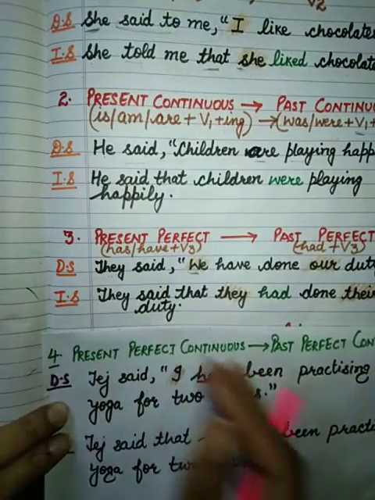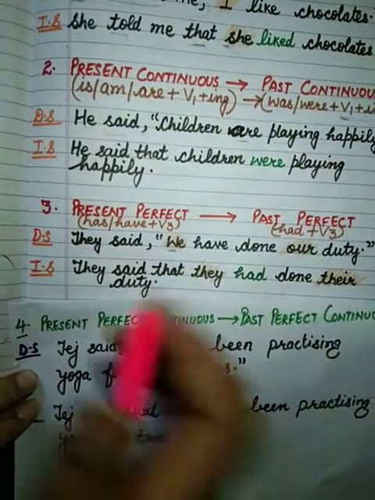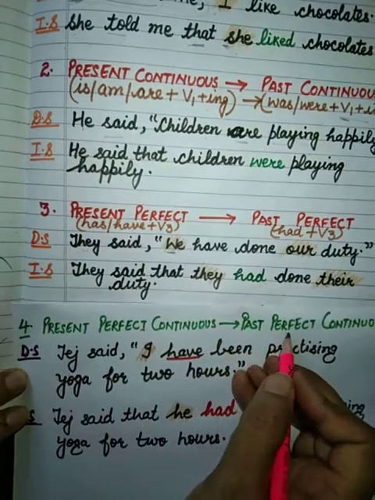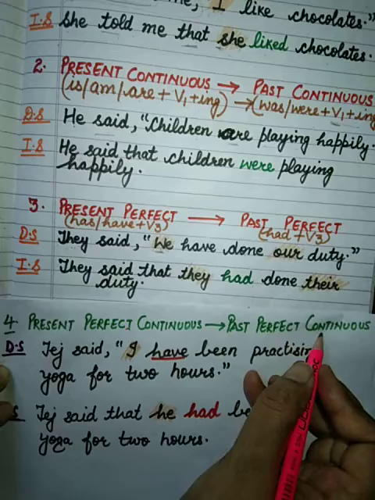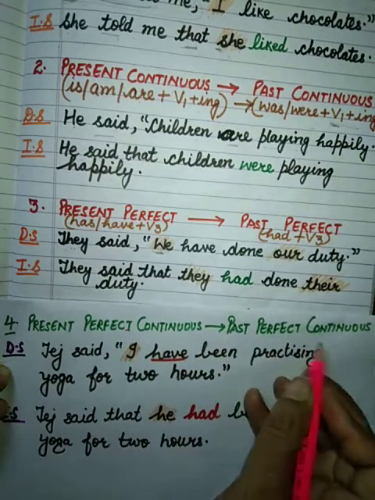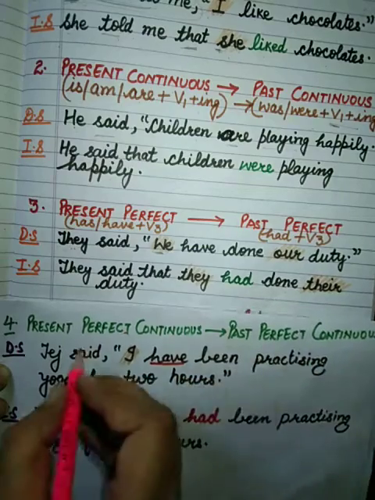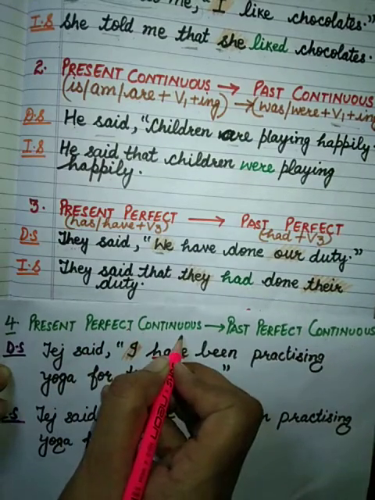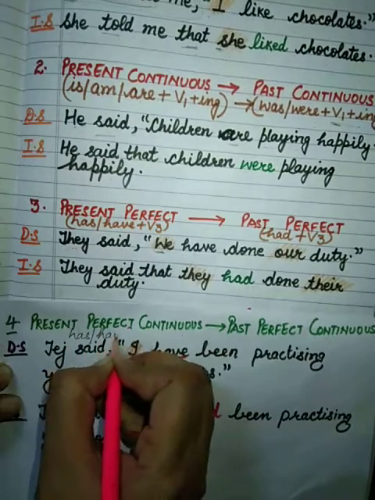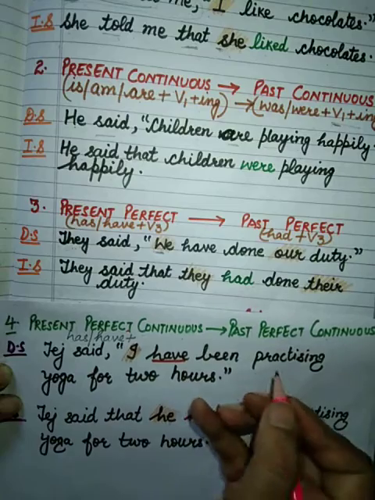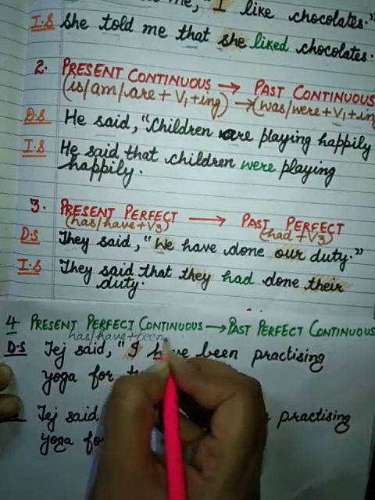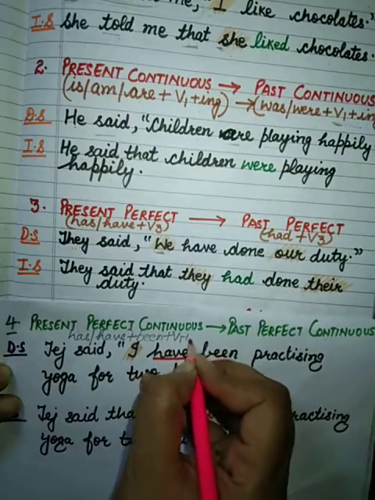Now, next example is present perfect continuous changes into past perfect continuous. In present perfect continuous, we use has or have plus been plus first form plus ing.